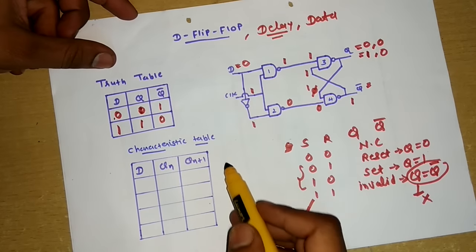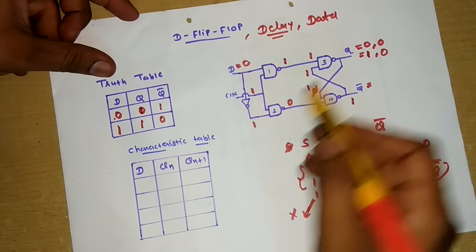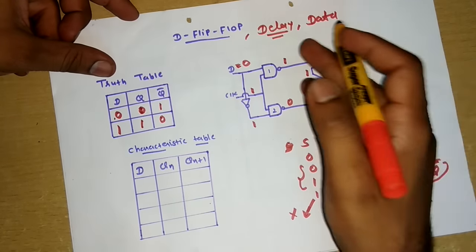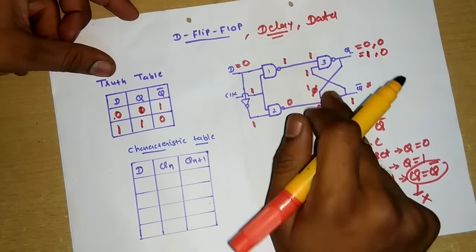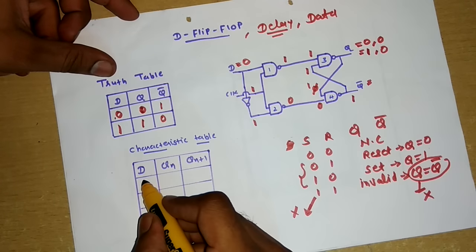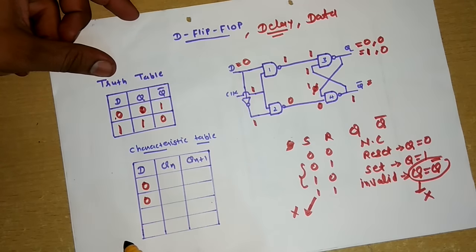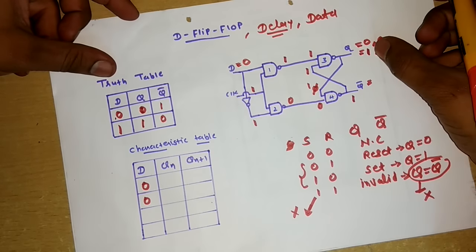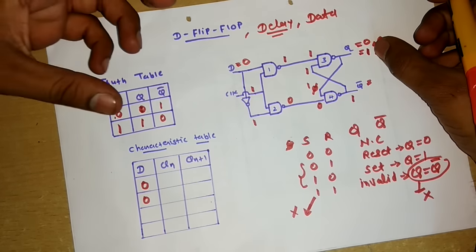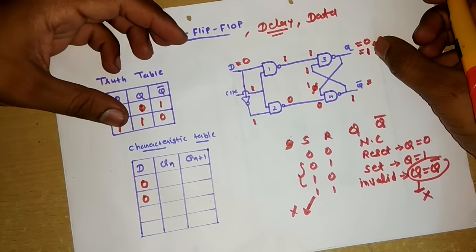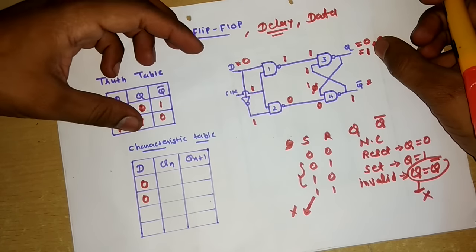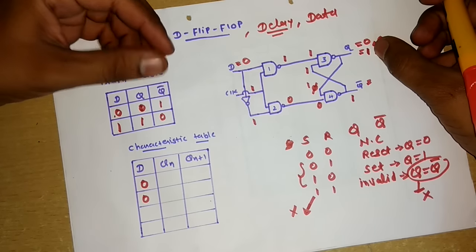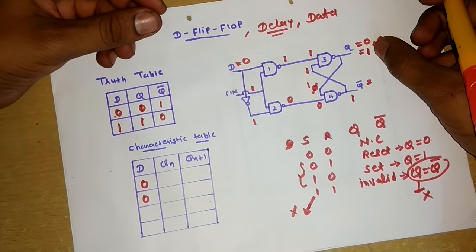Now if you look at the characteristic table, it is the reflection of all the combinations that we have verified over here in the circuit diagram. See, when your D is equal to 0, your flip-flop state can be in reset mode or in set mode, because a flip-flop is a sequential circuit, and when you switch on this sequential circuit, we cannot assume which state it will be in initially, right?